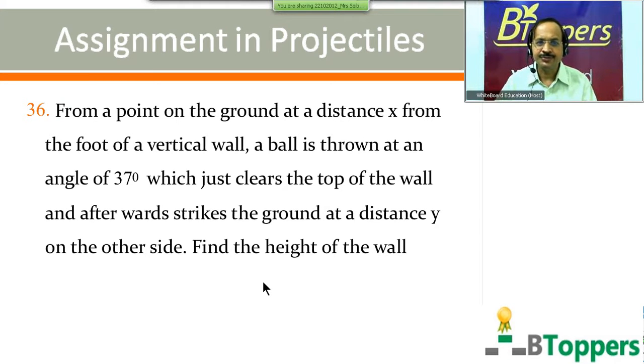Question number 36. From a point on the ground at a distance x from the foot of a vertical wall, a ball is thrown at an angle of 37 degrees, which just clears the top of the wall and afterwards strikes the ground at a distance y on the other side. Find the height of the wall. Come on, try the problem. Take sine 37 degrees equal to 3 by 5 to answer this question.